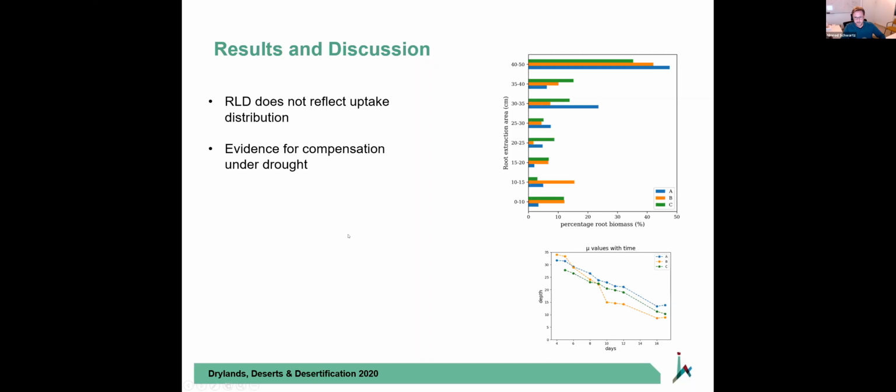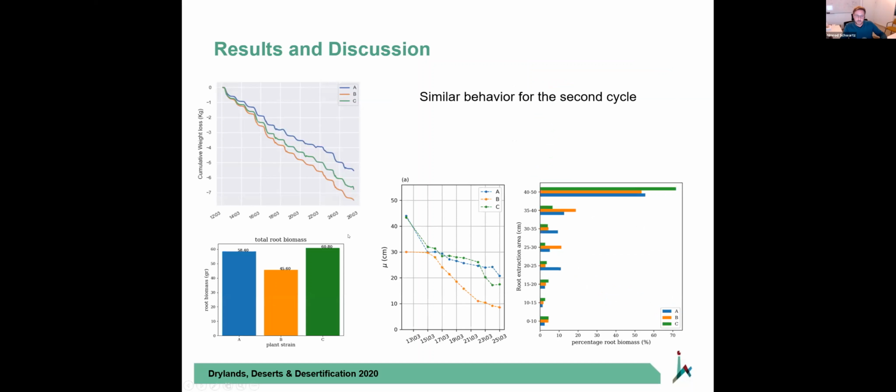Another slide with figures similar to the one that you saw before. So we have the transpiration, we have the total root biomass, we have the depth of uptake and the root length density for another cycle of the same experiment.